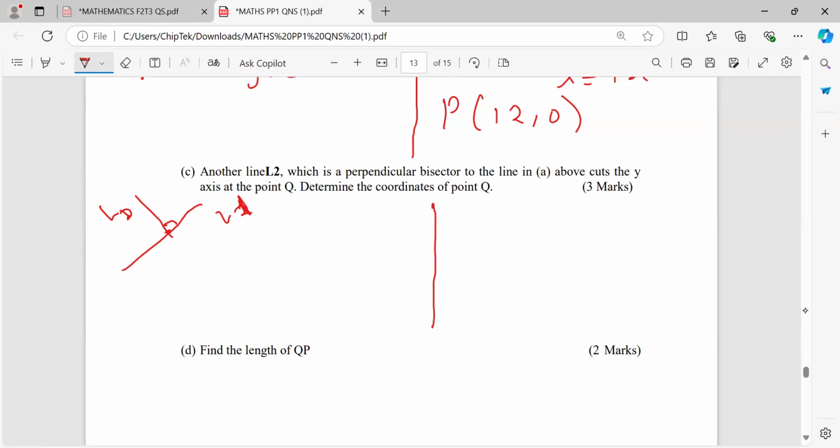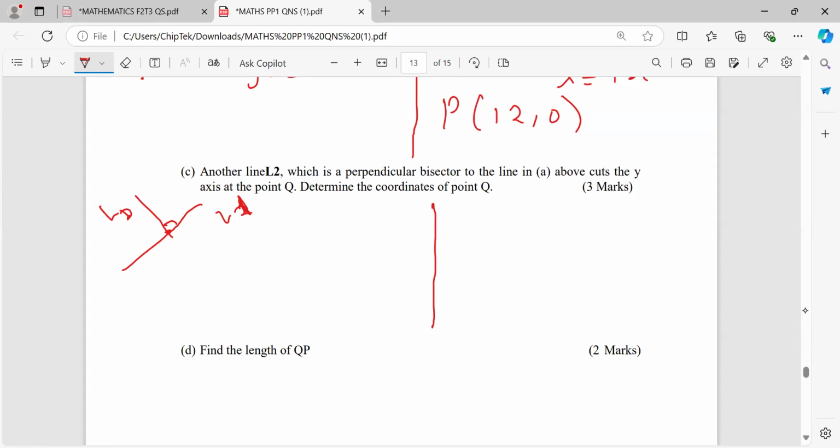Mwanzo tutafute midpoint. So it cuts the y-axis at the point Q, which is perpendicular to the line in A above. So umeambiwa determine the coordinates of point Q. Sawa. So mwanzo lazima tutafute equation ya L2 ndo tujue.